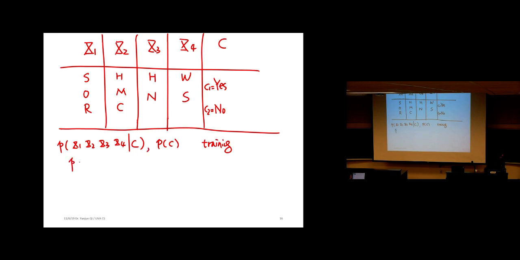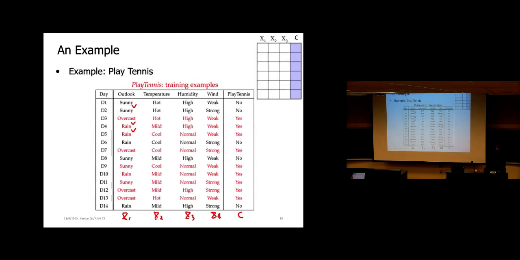It's easy to estimate P(C), because there are only 2 cases: C equals yes, and C equals no. So what is P(C = yes) from this table?